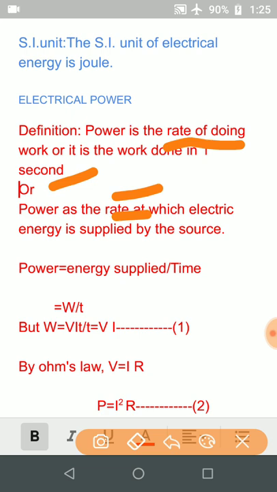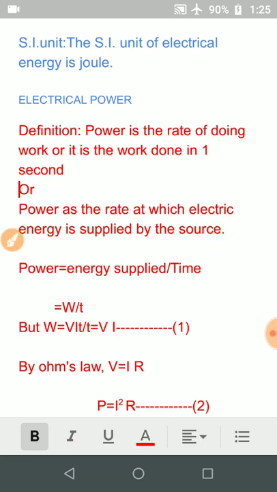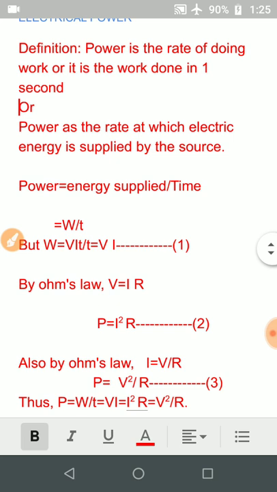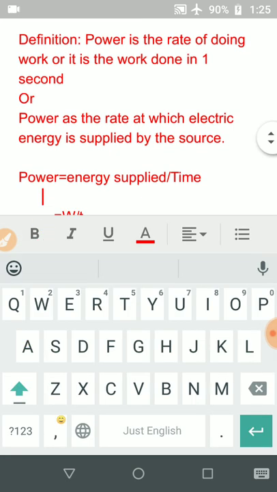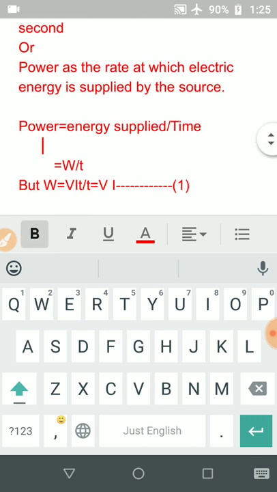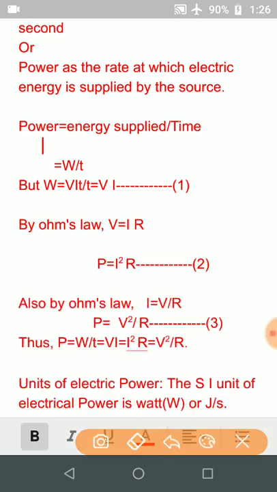One more definition is that power is the product of I into V. So this is the power.